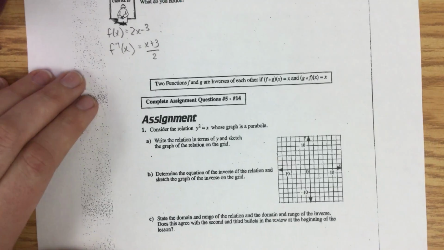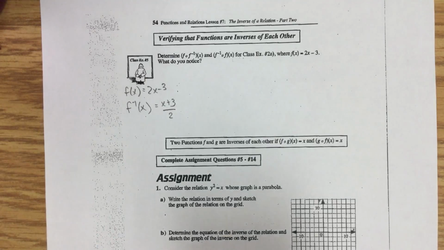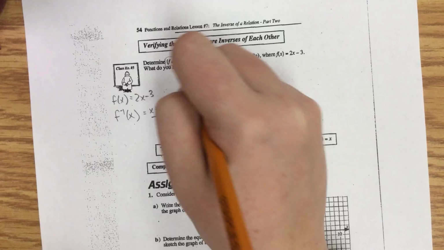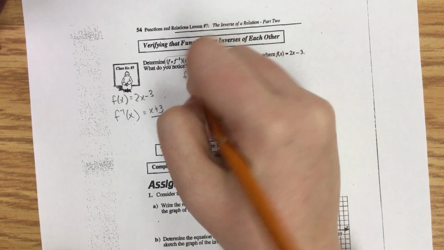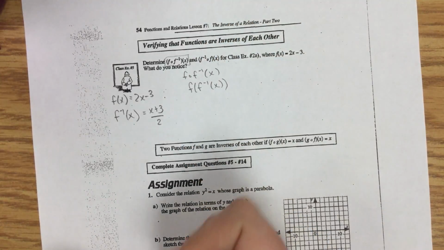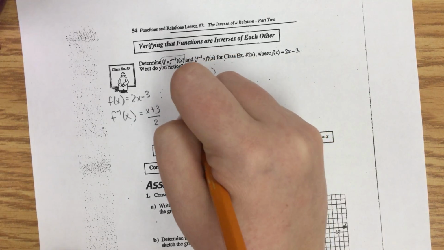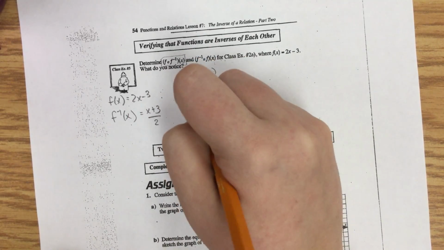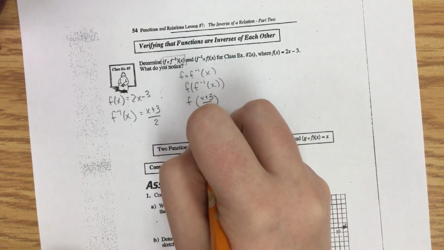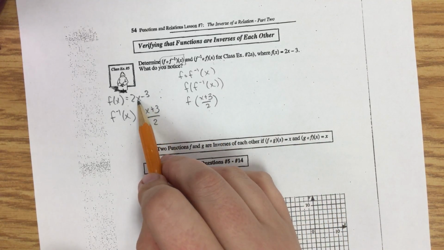All right. Now that I have that, I can go ahead with this question and do the composition. I'm going to start with this one first. The f of f inverse of x means I am taking the function f and plugging the inverse function into it. So f inverse is (x plus 3) over 2. I'm plugging (x plus 3) over 2 anywhere where there is x in this equation.